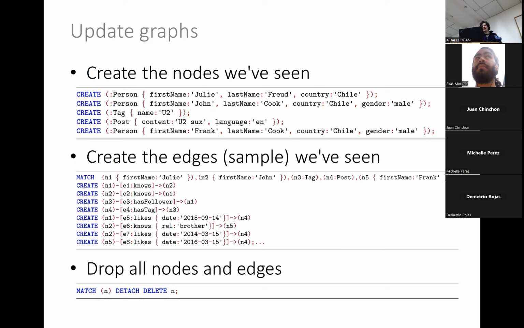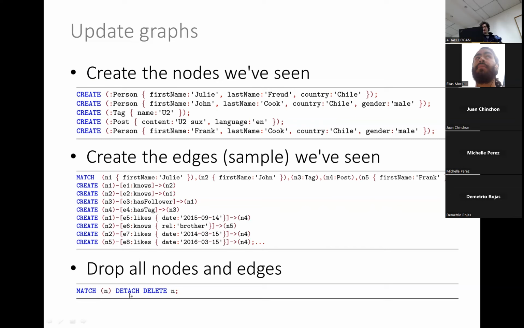Just to give some flavor of what this looks like, because it's mostly syntactic, this would create in Neo4j the example we saw in the class, where we create the nodes, then we create the edges between those nodes, and then we drop all nodes and edges with this feature here.